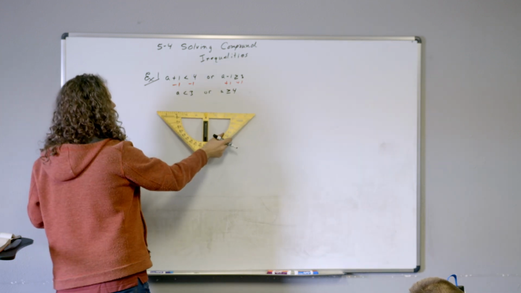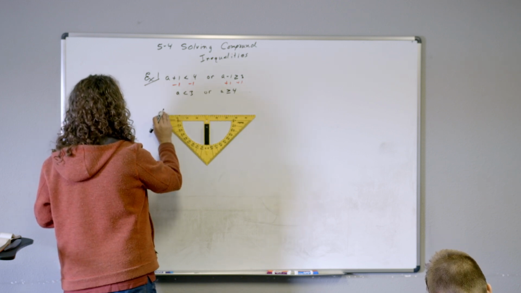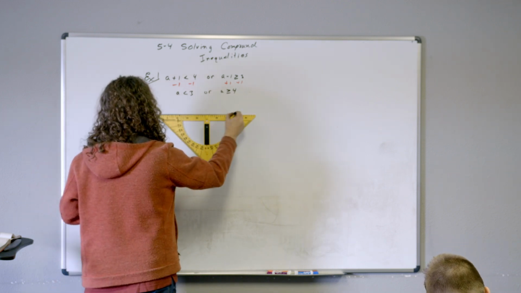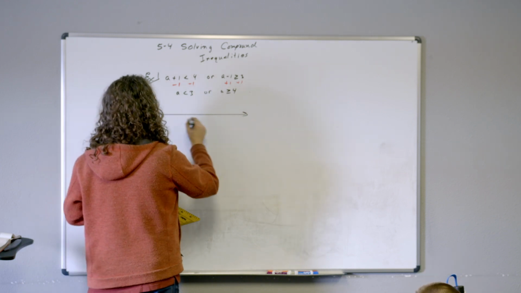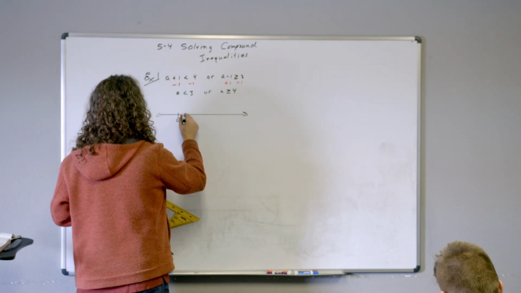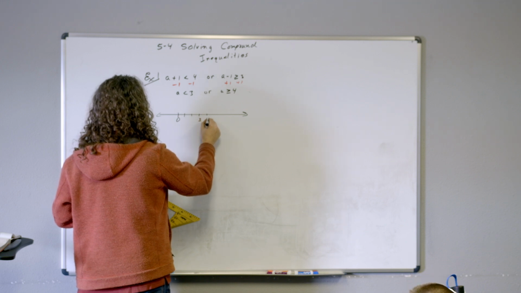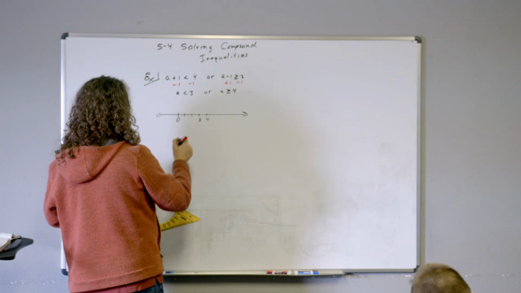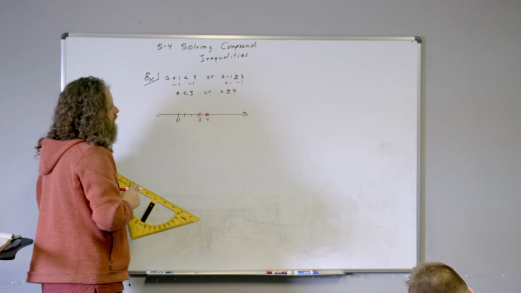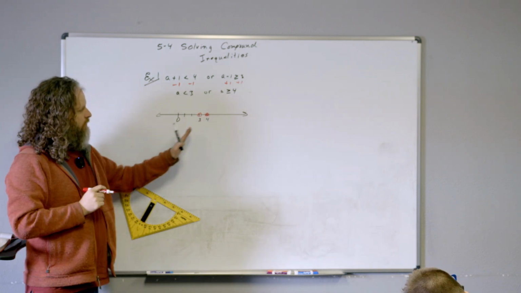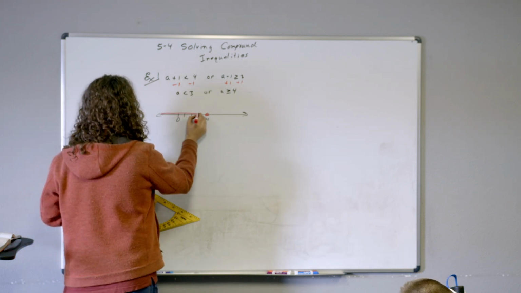So when we go to graph it, on a 0, 1, 2, 3, 4. This one would have an open circle and this one would have a closed circle, right? So it's less than 3 or A is greater than or equal to 4. Now, it's worth noting, this will be shaded on the outside.